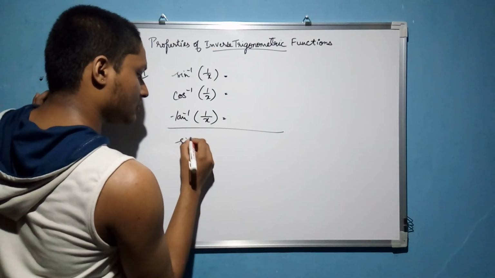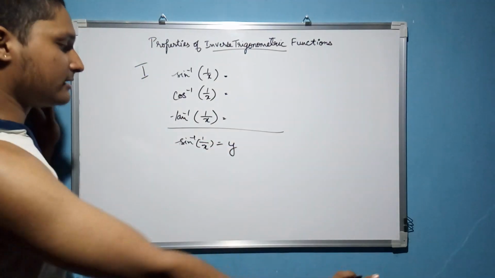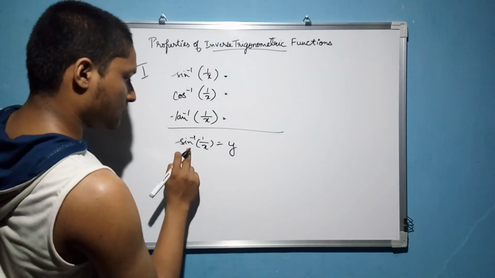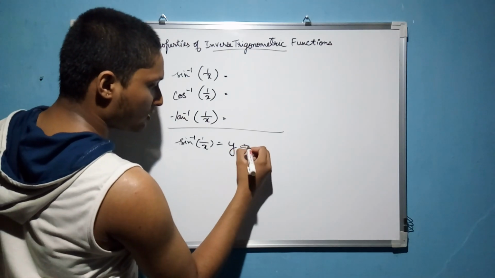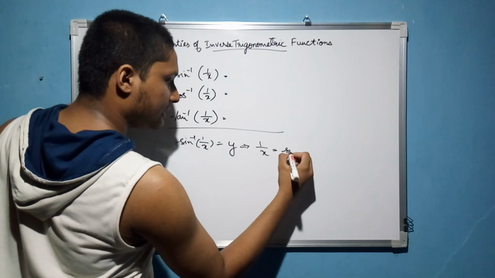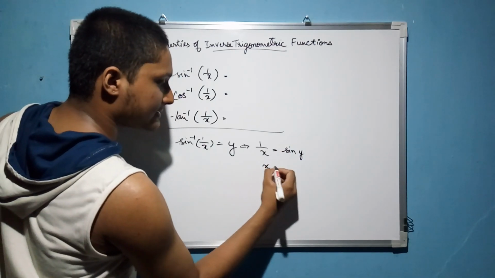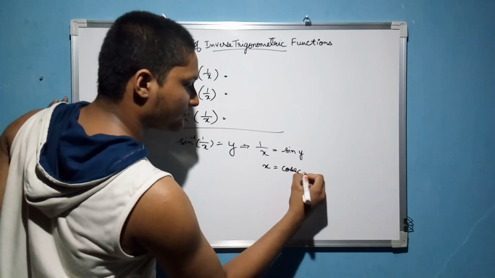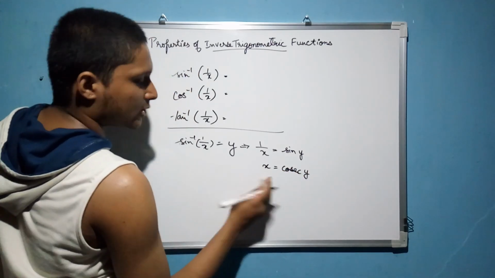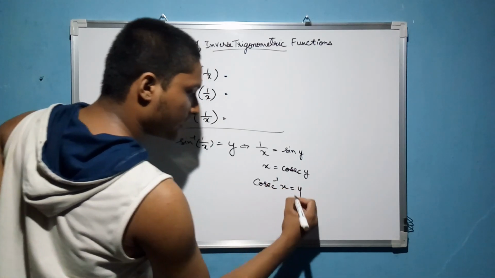Let me take it to be some other variable y. So I'll take sine on both sides. So 1 by x is equal to sin y. Taking the reciprocals on both sides, this comes to be x is equal to cosec y. Taking cosec inverse on both sides, cosec inverse x is equal to y.